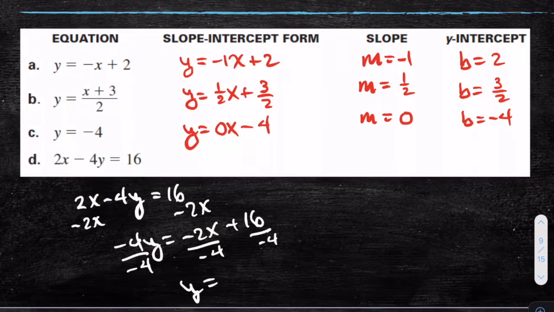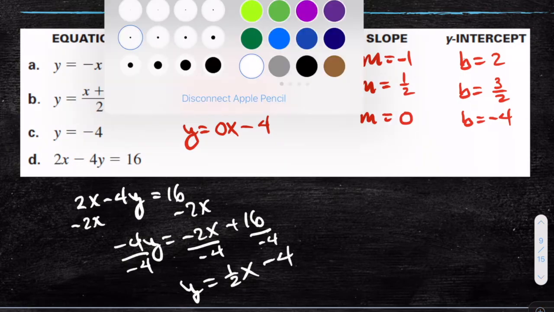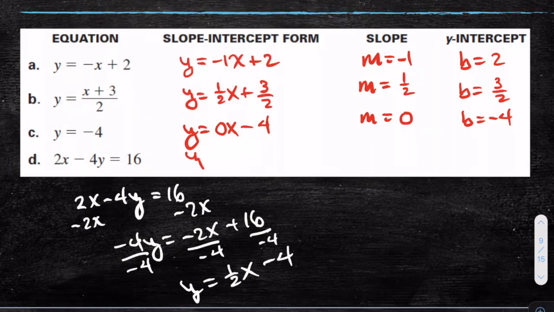Now, -2 over -4, that's 1/2. So this is 1/2 x. And positive 16 over -4, that's a -4. And so we have then an equation of y equals 1/2 x minus 4. That means that my slope, m, equals, it's the number in front of the x, 1/2. And my y-intercept now is b equals -4.